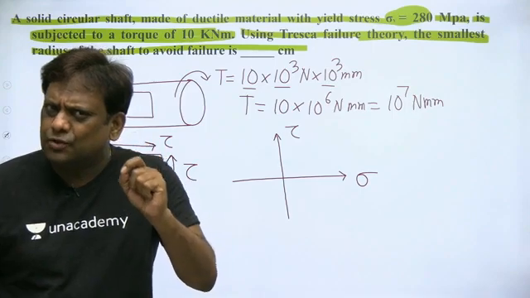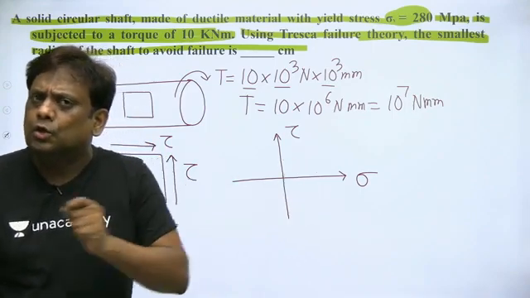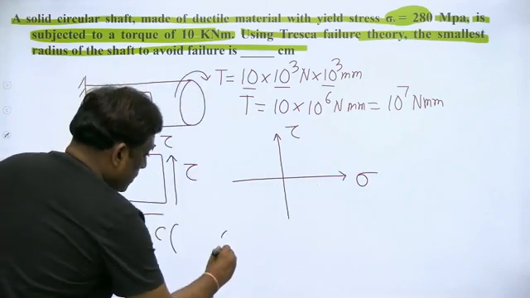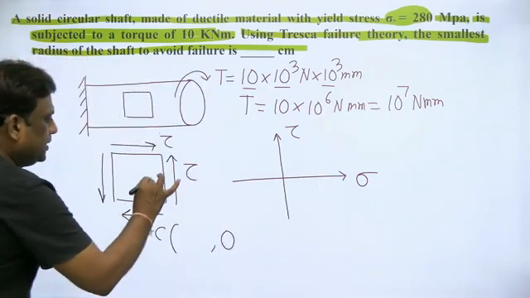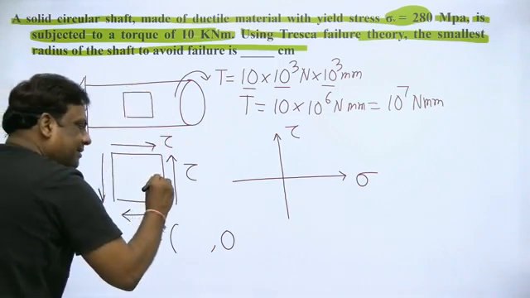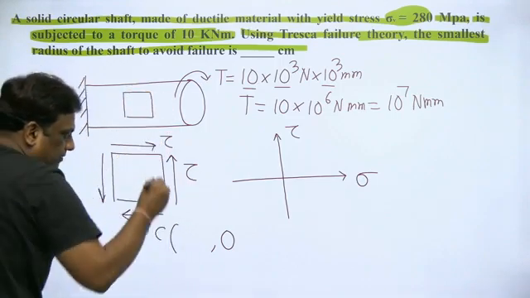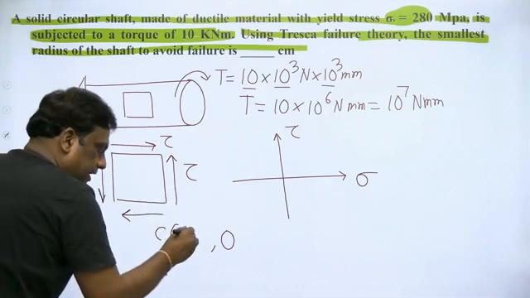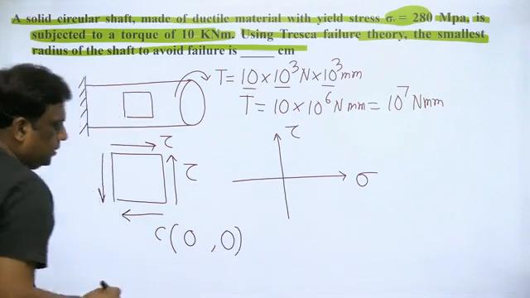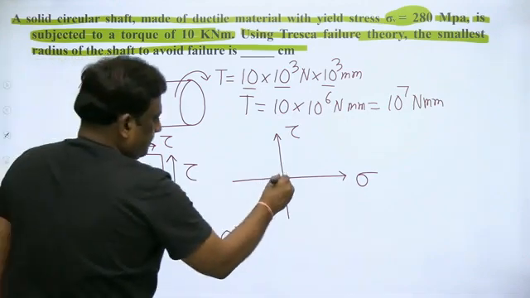The center of Mohr circle will always lie on the normal axis, that is x axis. Because under pure torsion, there is no sigma x, there is no sigma y, sigma x plus sigma y by 2 is nothing but 0 plus 0 by 2. Okay. So this will be the center.